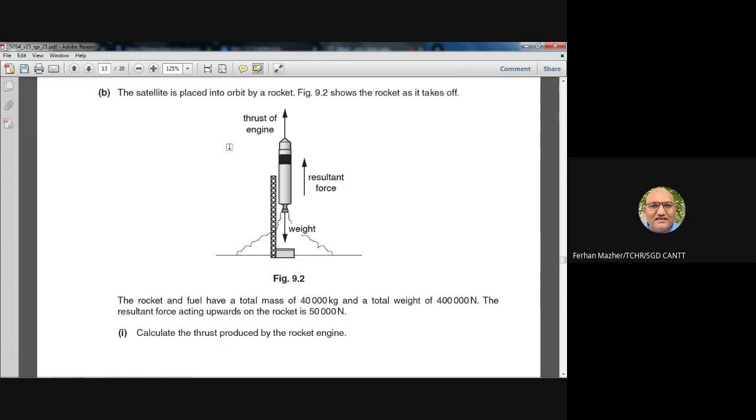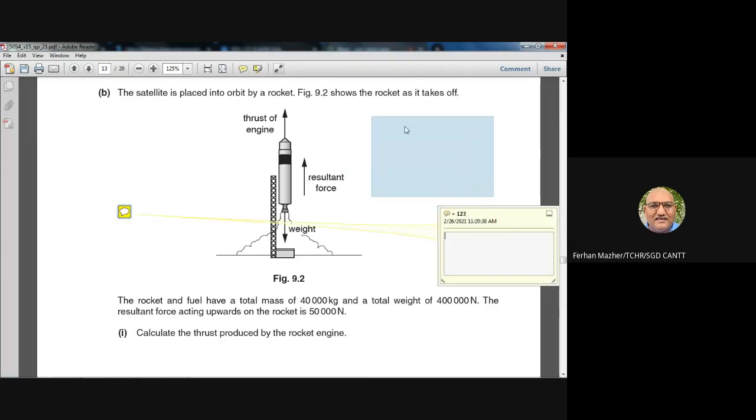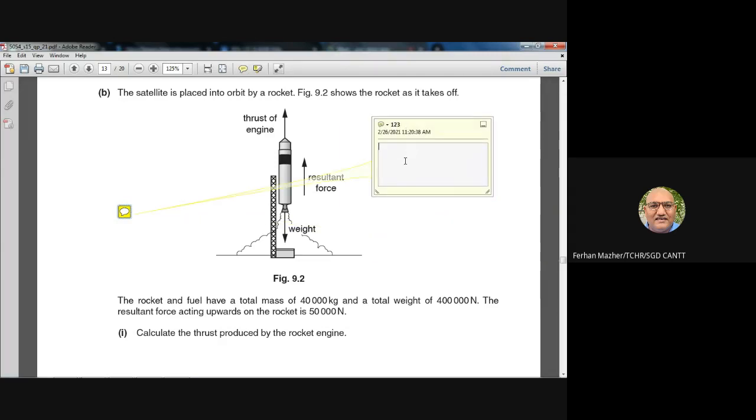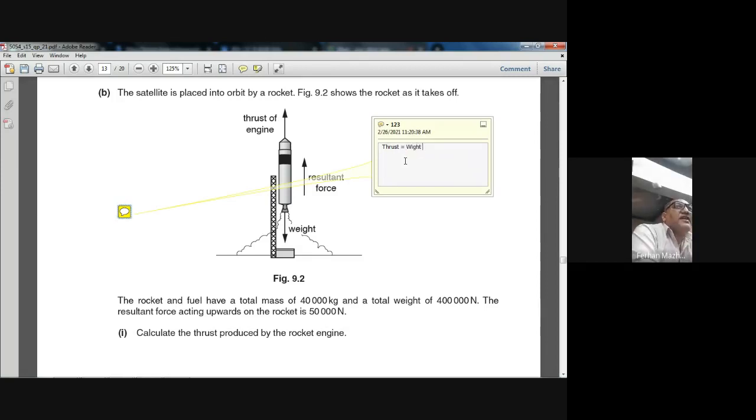So you can find, right? Let me show you here. The force provided by the engine will be the thrust produced by the engine. Thrust is equal to the weight.